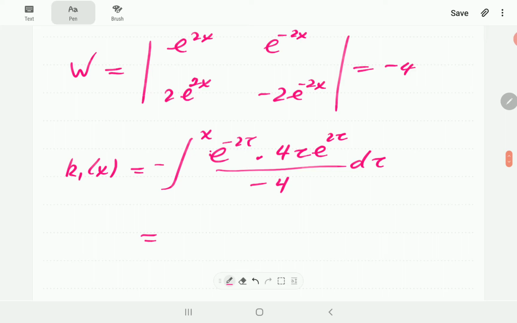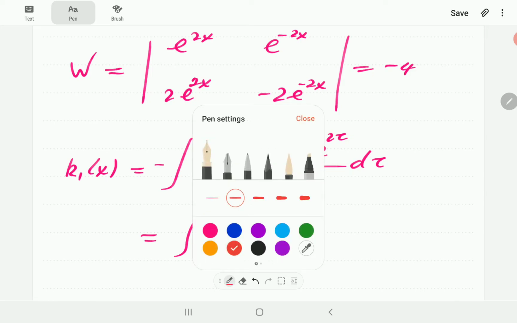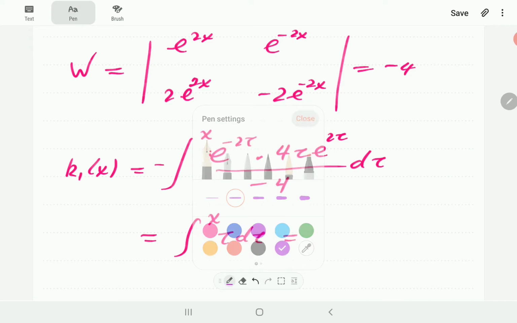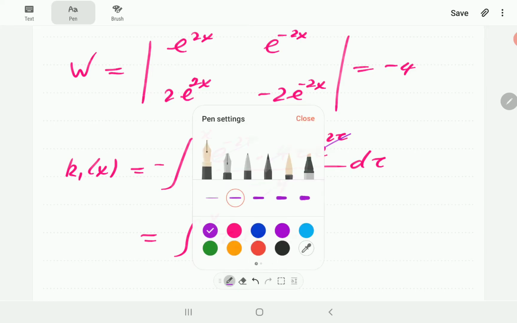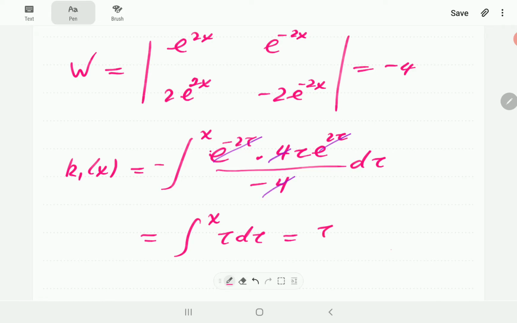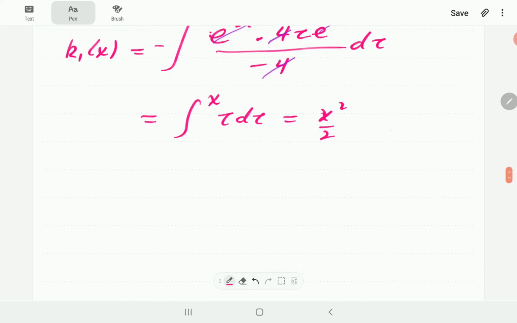Cancelling accordingly, this just works out to tau d tau, because the 4 cancels out, this times that cancels out, and so this is just going to be equal to x squared over 2. So that's the k1 function.